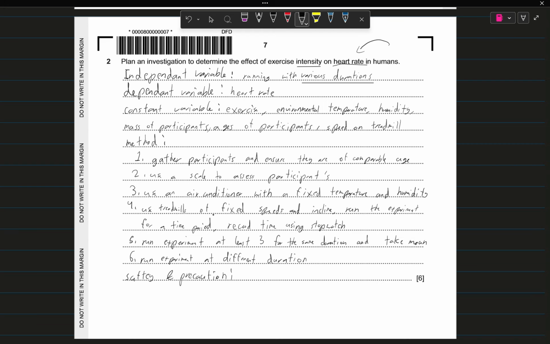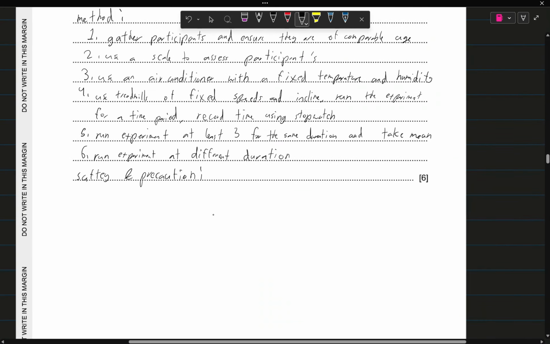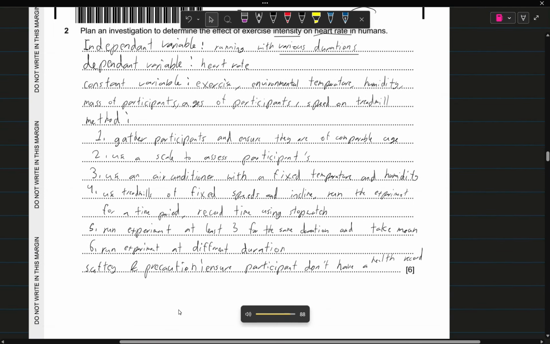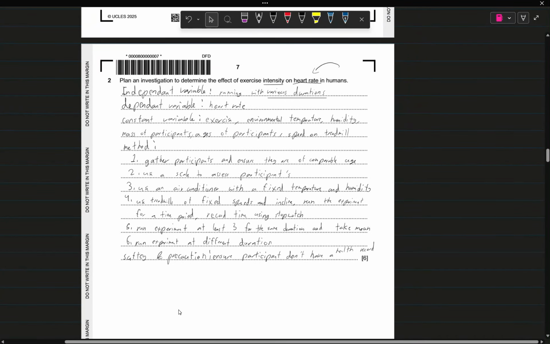So this is actually a step that we should write here: ensure participants don't have a previous health record or disease record.